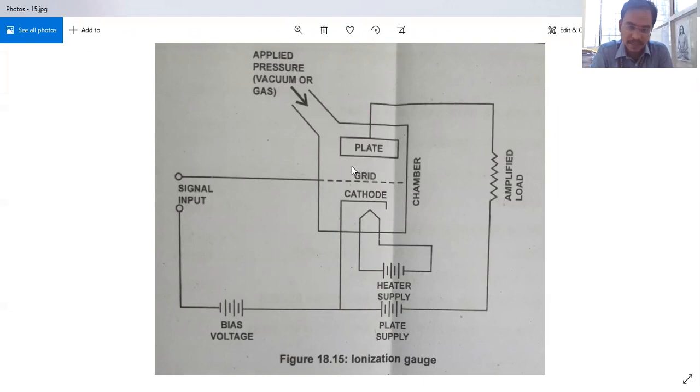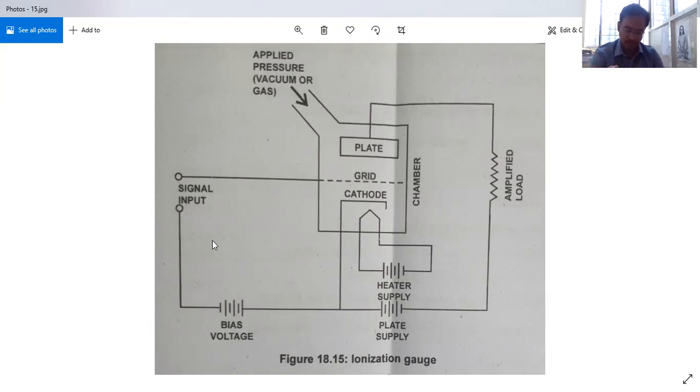These ionized gases are attracted to the cathode, and this cathode will absorb these ionized gases and they become part of the circuit. Depending upon the current developed in the circuit, it is calibrated to determine the pressure.